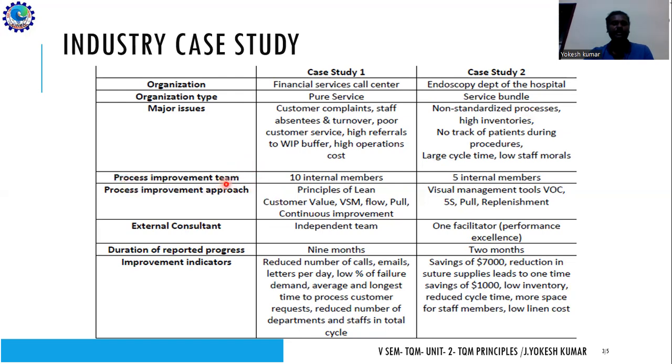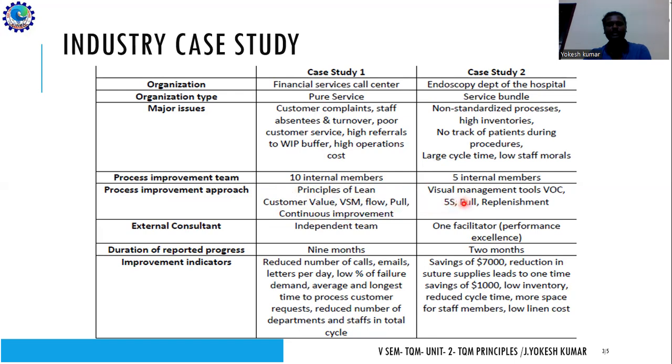A process improvement team can be formed in those departments to improve the process. For case study one, the financial department, 10 internal members were arranged for doing the operation, whereas in the hospital, 5 internal members were arranged for the continuous improvement. For the process improvement approach in the financial industry, the principles of lean, customer value, flow and pull systems can be incorporated.